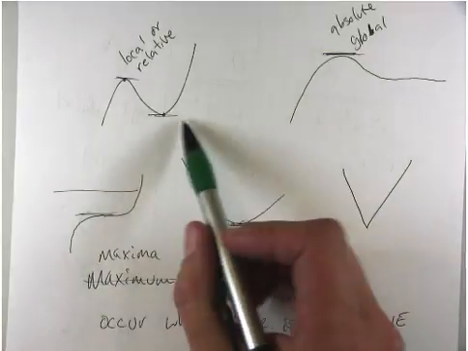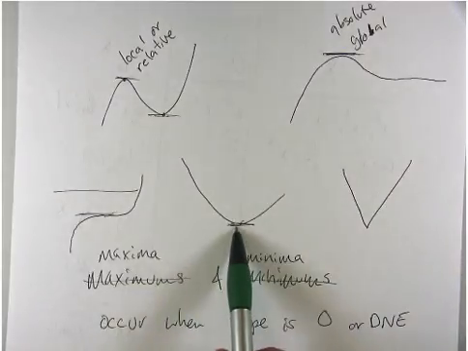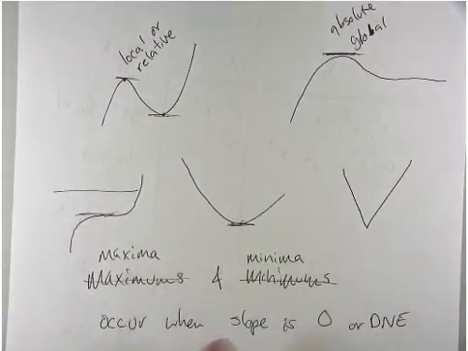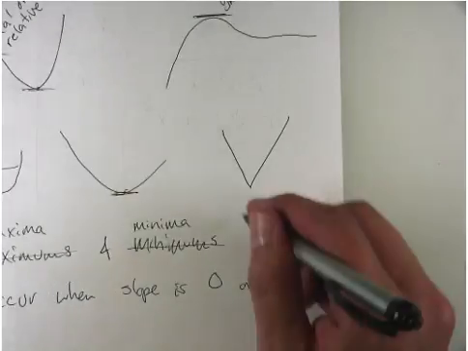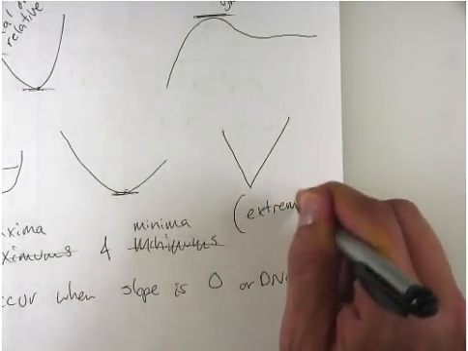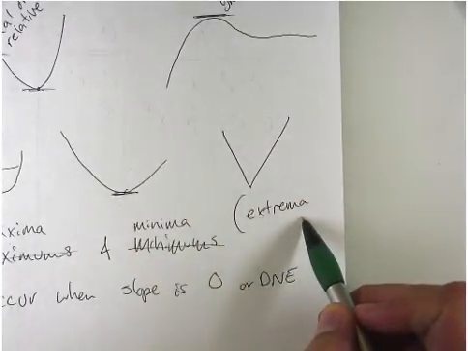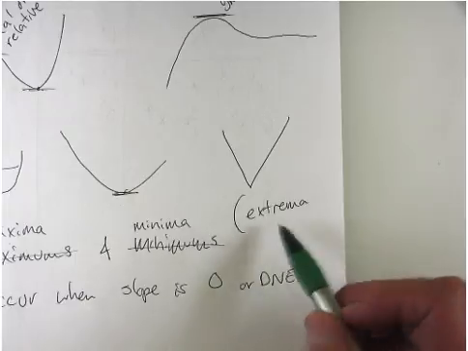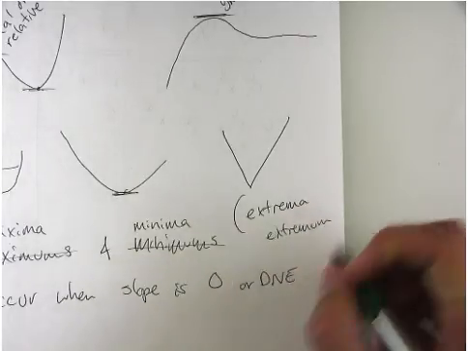Okay, same thing for minimums. A minimum could be local, or a minimum could be absolute. A way that we might talk about maximums and minimums collectively is extrema. They're extreme values. So a singular extrema is an extremum.